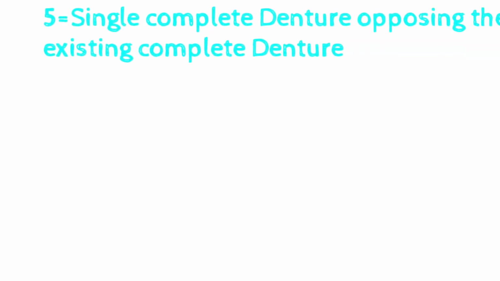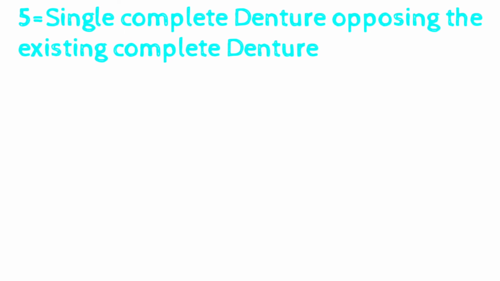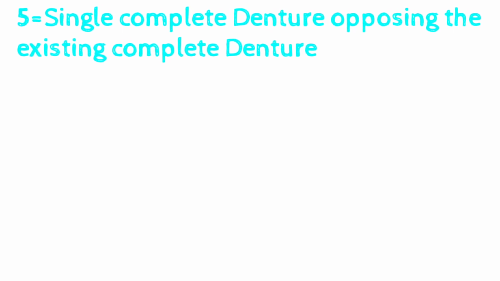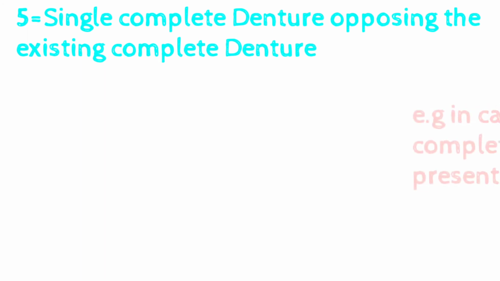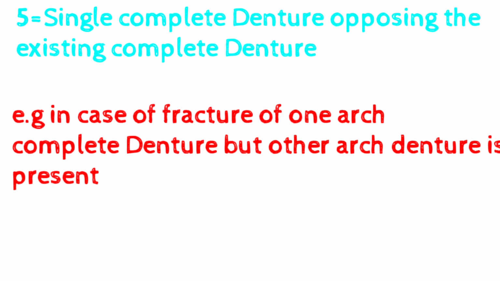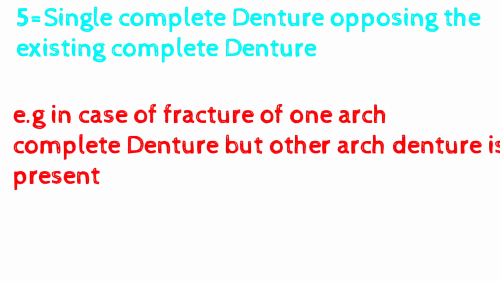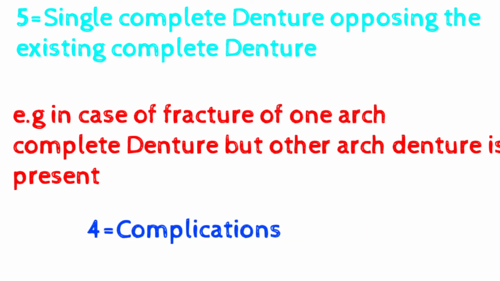Now come to the last type, single complete denture opposing the existing complete denture. Here, for example, the patient has a complete denture in both mandible and maxilla, but due to fracture of one arch denture, the patient comes to the prosthodontic department. They have one denture in one arch, but in the other arch, due to fracture, we give single complete denture.